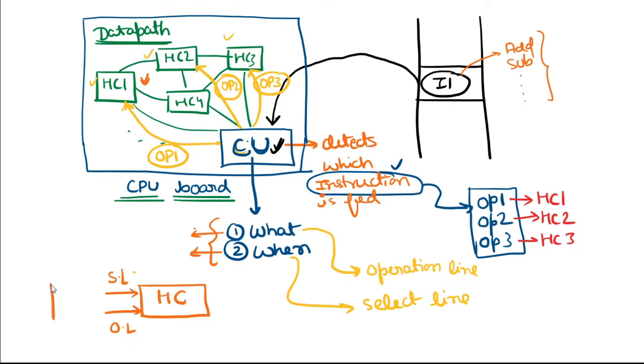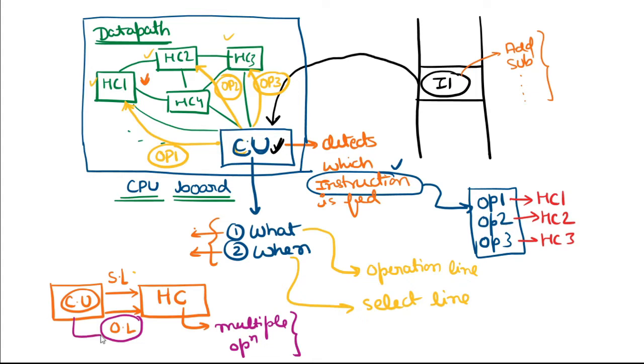The control unit tells this hardware component... this hardware component is actually capable of doing multiple operations. Which exact operation is to be performed will be told by the control unit through the operation line.